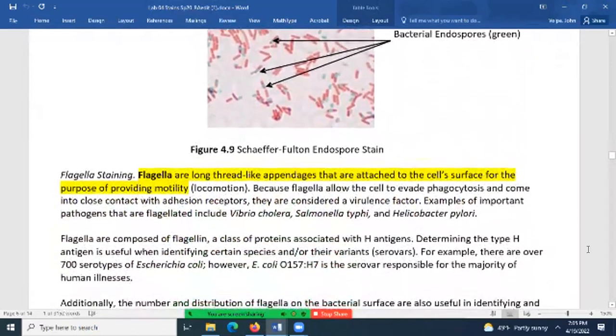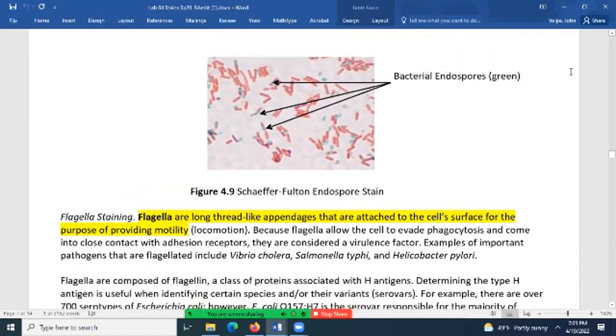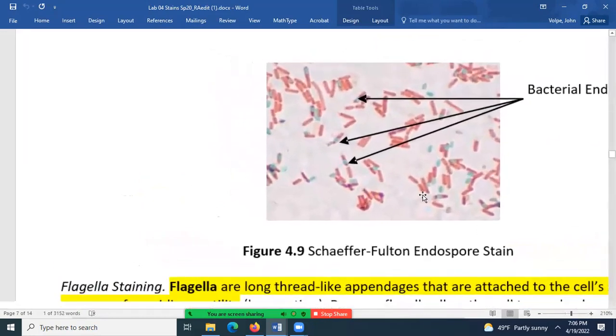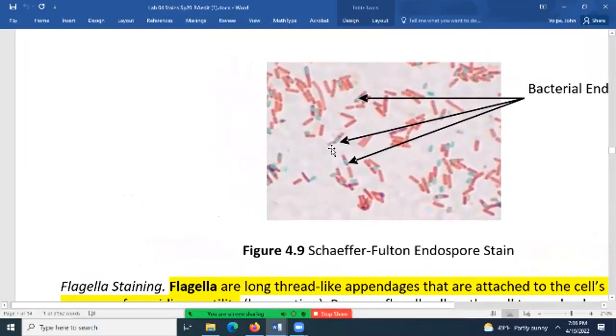All right, here's an endospore stain, and you can notice that this one is like a differential stain. It stains the cells differently. The endospores are staining green. Here we have an endospore inside a cell. There's a little bit of red cell up on this side and a larger portion of red cell on that side. The endospore is green in between.